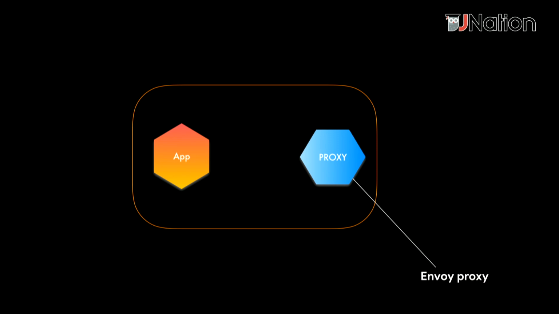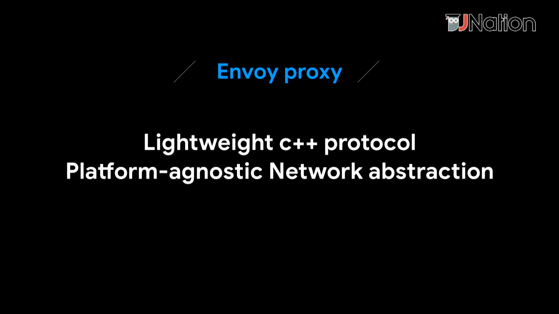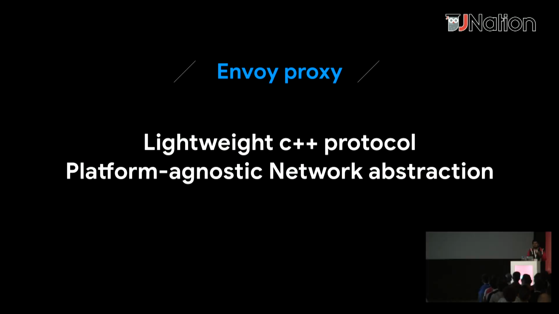Anybody knows about Envoy proxy here? A little bit. OK, so Envoy proxy is a lightweight C++ proxy that lives along with your service and helps you to connect your service from an external environment. It is a platform-agnostic network abstraction. So you just have to boot this proxy alongside your application, and it kind of runs everything together. So that's what Envoy proxy is all about.